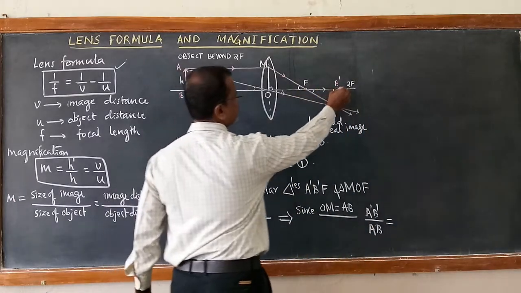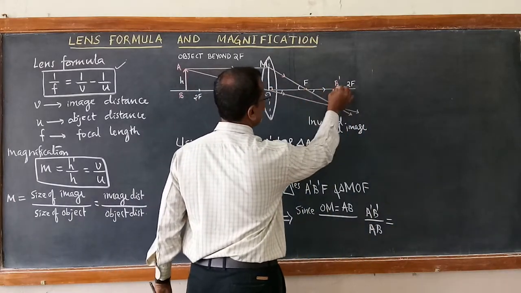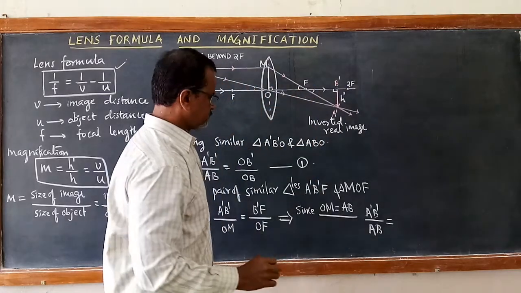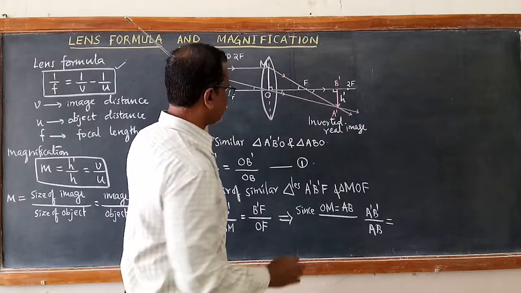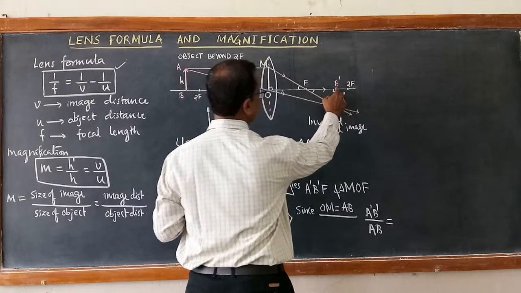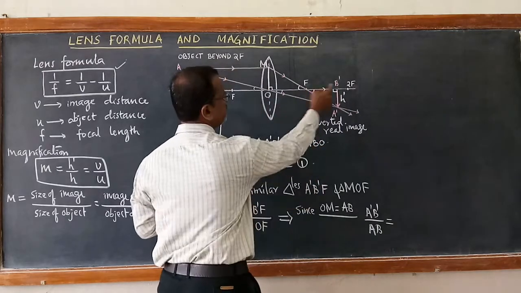What is B'F from the diagram? B'F can be written as OB' minus OF. Look at this, B'F is equal to OB' minus OF.